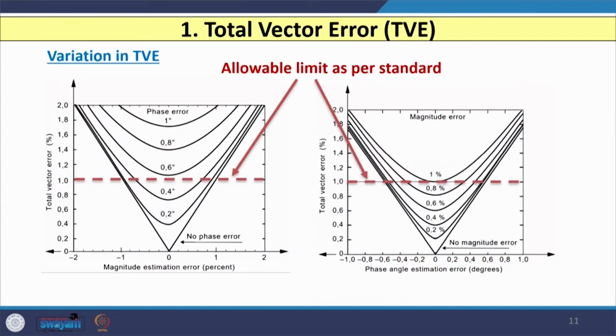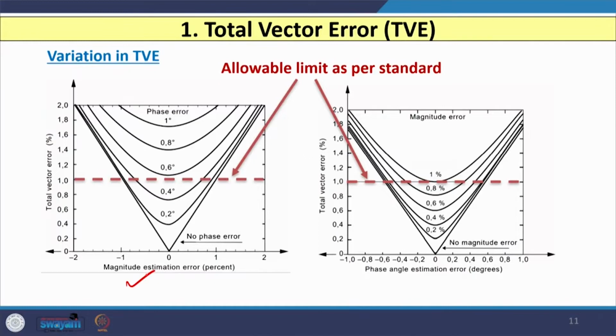If I just plot the variation in total vector error with reference to the magnitude error and then again with reference to the phase error, then in the first graph you can see I have considered the variation between the magnitude error on x axis in percentage and total vector error on y axis, assuming that my phase error is 0, then you will have this curve.